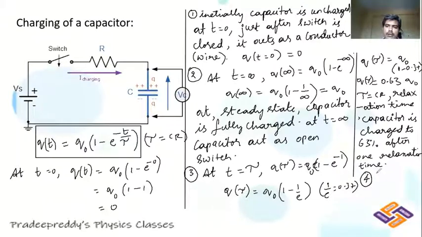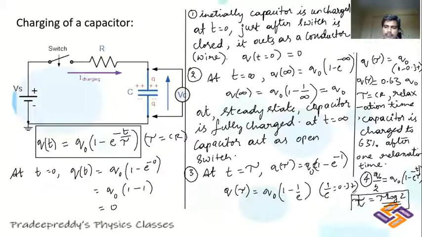That means you can take Q naught by 2 is equal to Q naught into 1 minus e power minus t by tau. Taking this, you will get the time taken t is equal to tau into log 2. So in order to fill the capacitor charge to half of its fullest value, it takes this much amount of time.